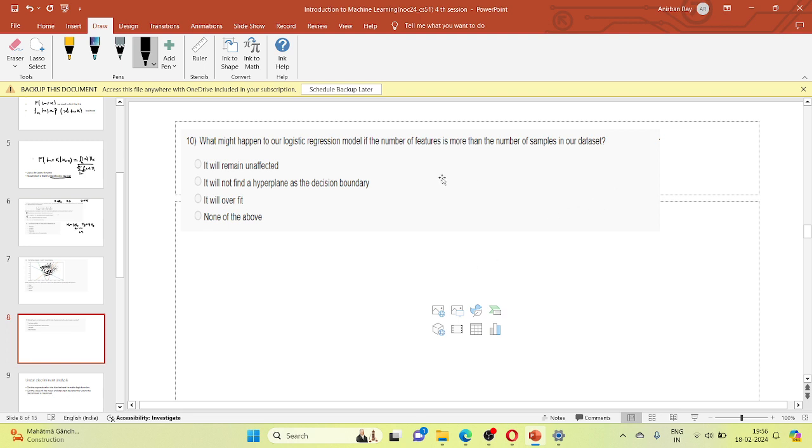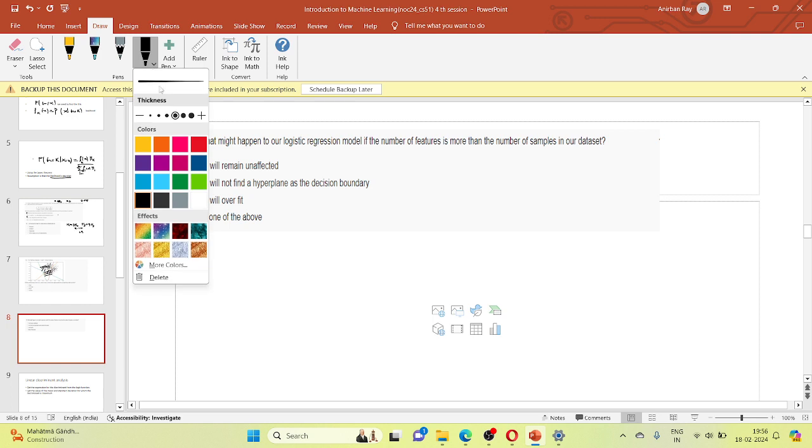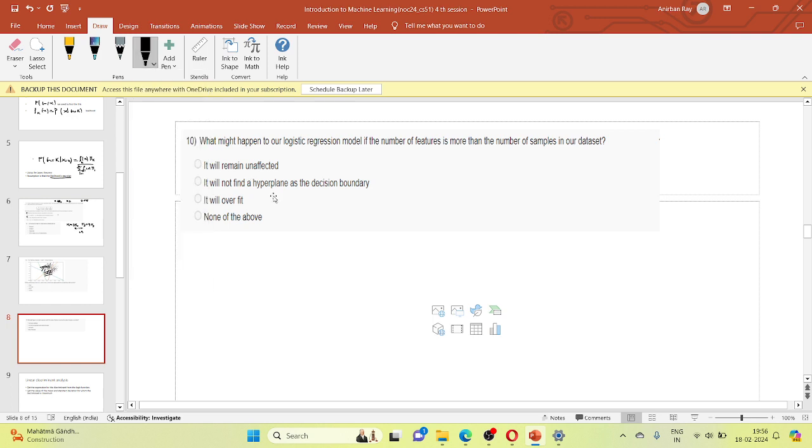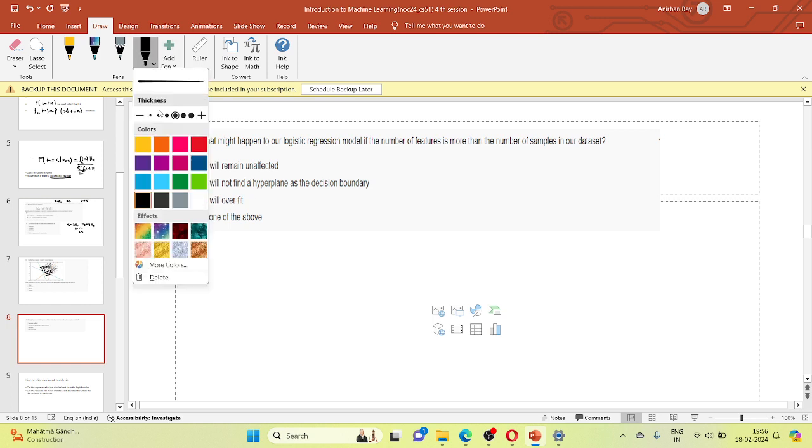This is actually quite different from what we have learned here, but still easy enough. If the number of features of the logistic regression is more than the data set, it will overfit. Let me explain.